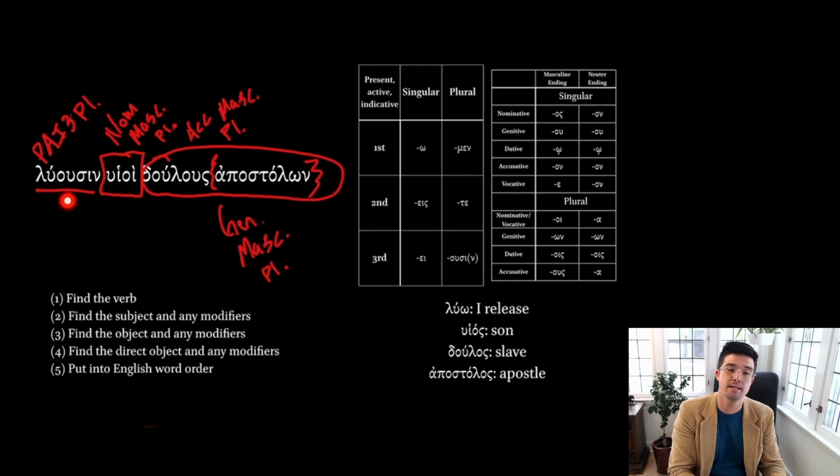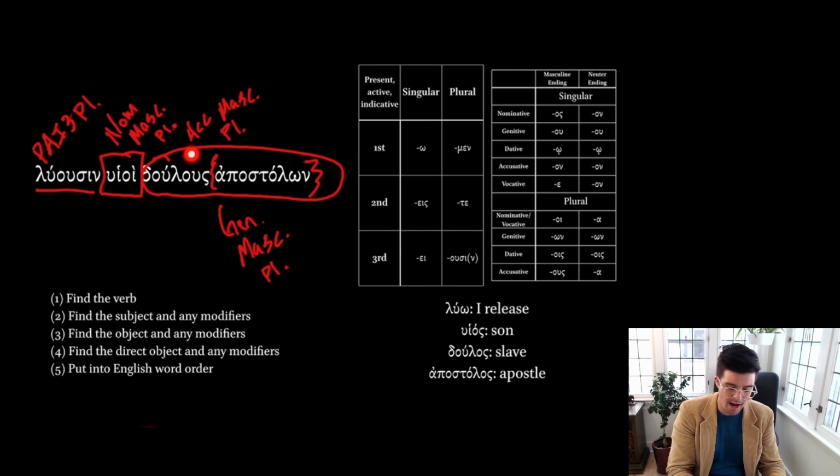These sons are releasing doulos, but then we have this other word, apostolon. We see that this own ending is indicative of the genitive plural. So they're releasing servants of apostles. So apostles is modifying doulos, saying who the servants belong to.